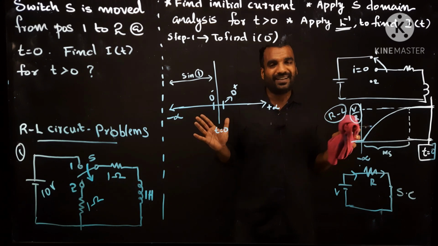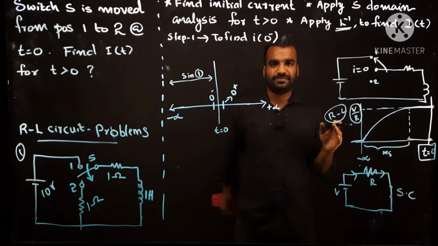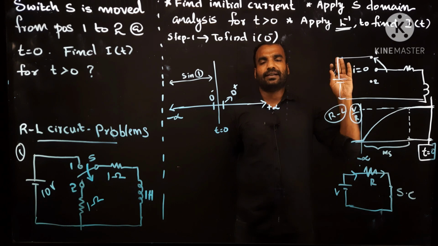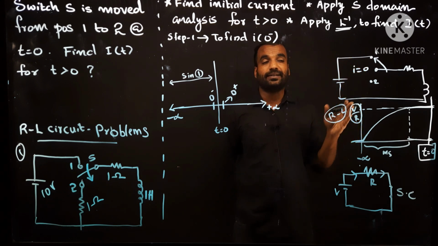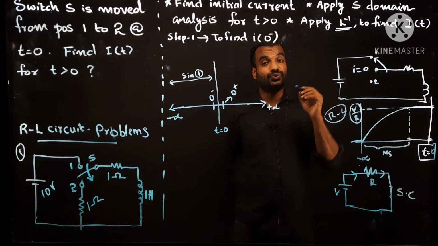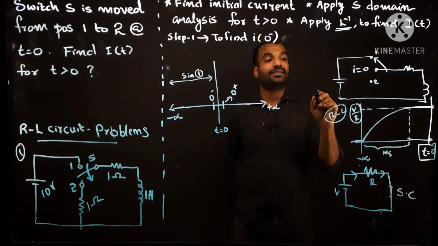But don't memorize anything. Some people mug up: at switching, inductor is equivalent to an open circuit; at steady state, inductor is equivalent to a short circuit. Not like that. At steady state, inductor is equivalent to a short circuit, but at switching, we have to check whether there is a source or not.